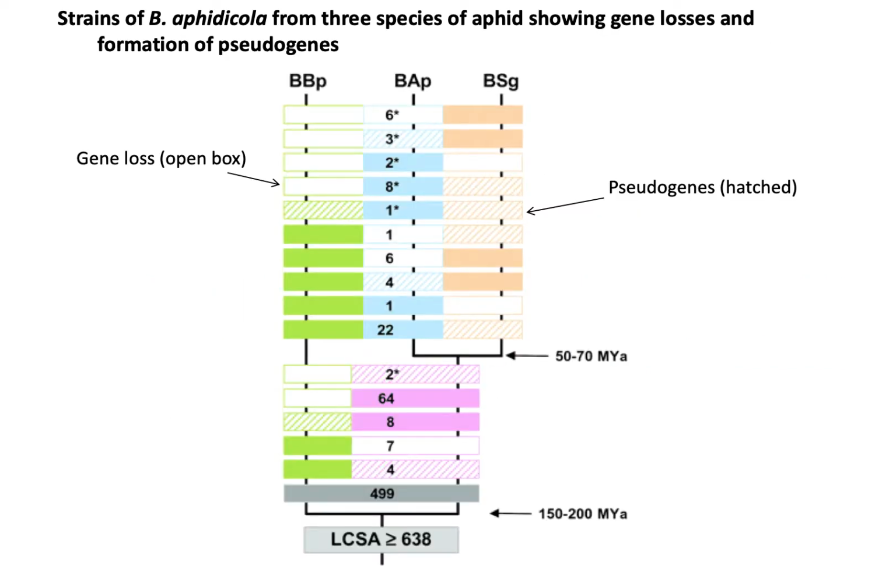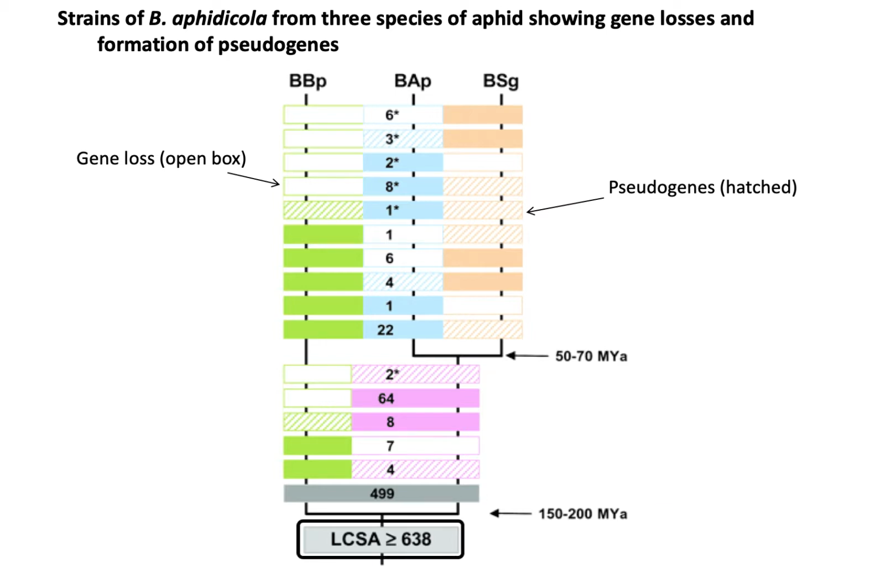This diagram illustrates that. So the genes were traced through the three different strains of Buchnera aphidicola, and each one, remember, is in a different species of aphid, and those diverged some 150 to 200 million years ago.